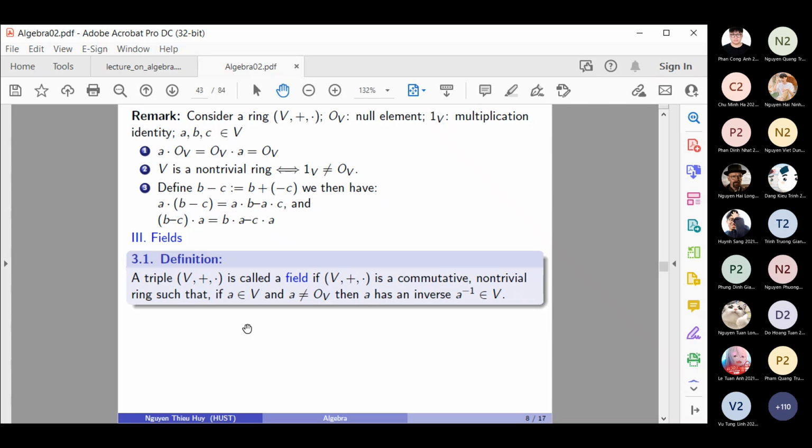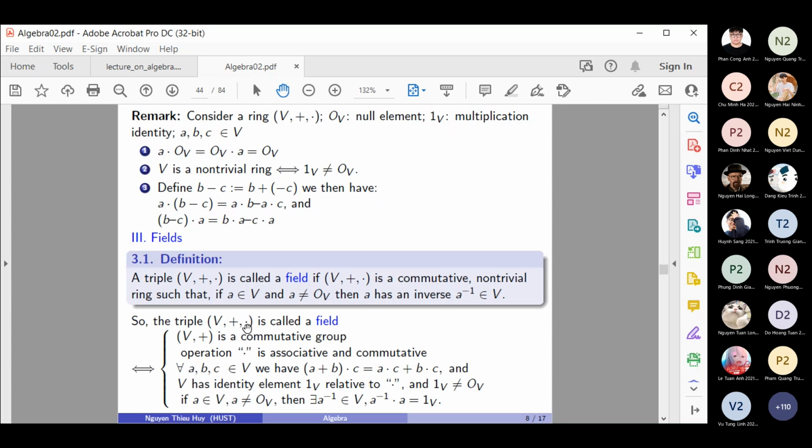But let's write it down a little bit in more detail, no? So this triple V, addition and multiplication, is a field, of course, by the definition of a ring. So look, this is a commutative, non-trivial thing.